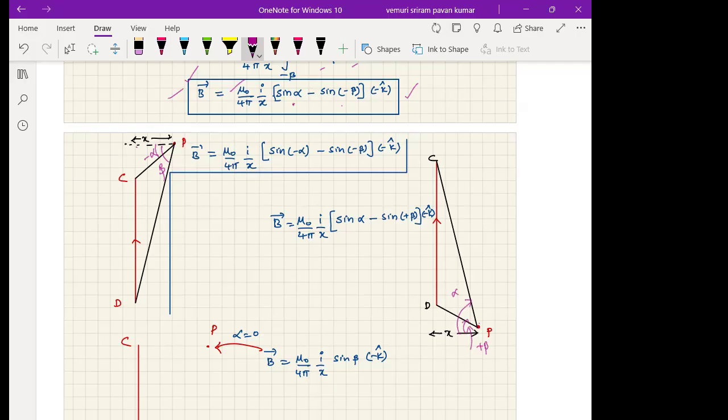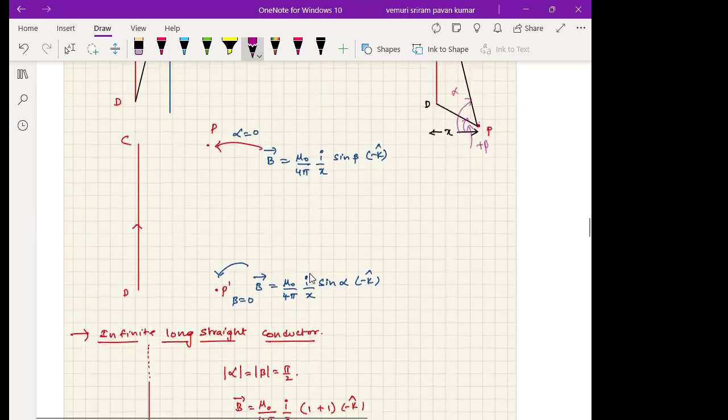Suppose it is an infinitely long conductor, alpha and beta tend to pi by 2. Right? What happens to alpha? If it is infinite, with respect to point P, where will it meet?